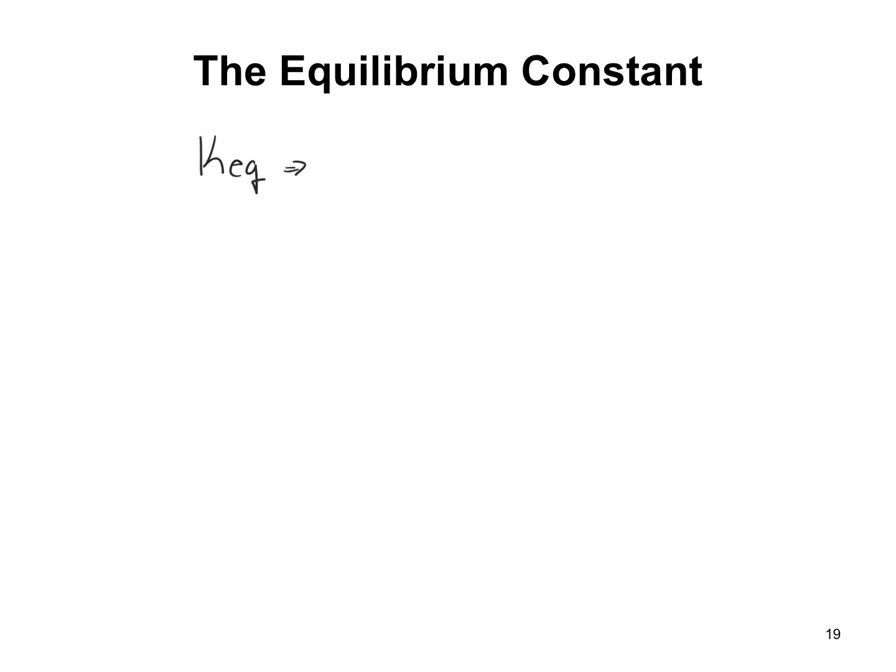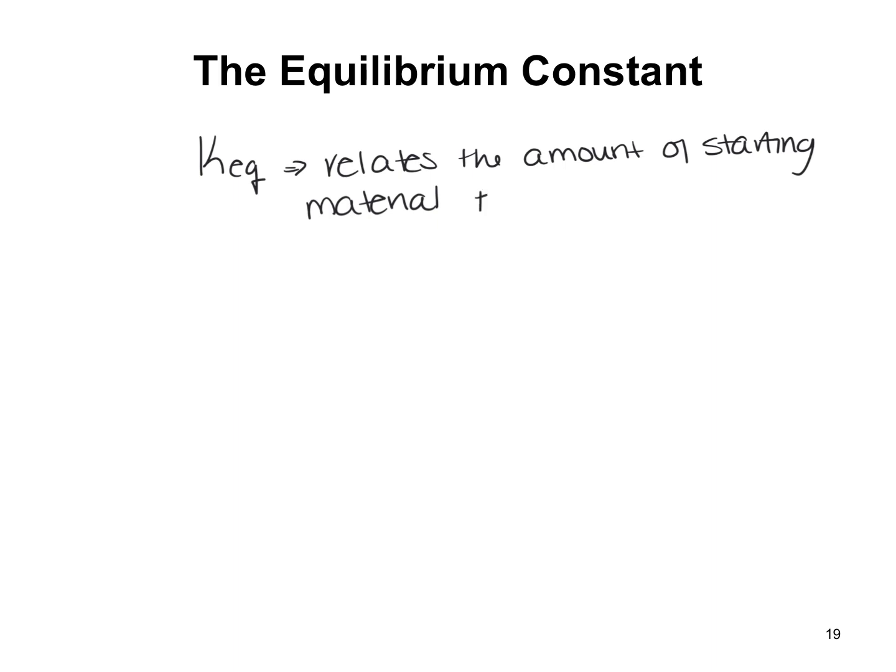That's just a mathematical expression that relates the amount of starting material to the amount of product at equilibrium. It's very helpful: it will tell us, do we have more reactants or products at equilibrium? So just a quick refresher on KEQ.